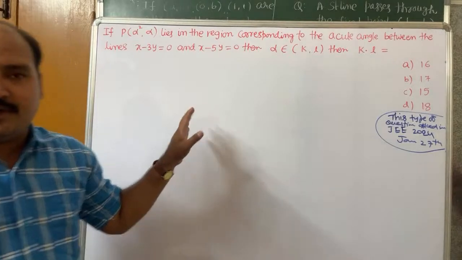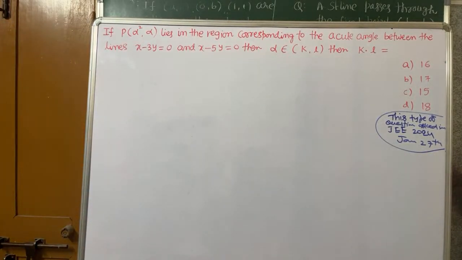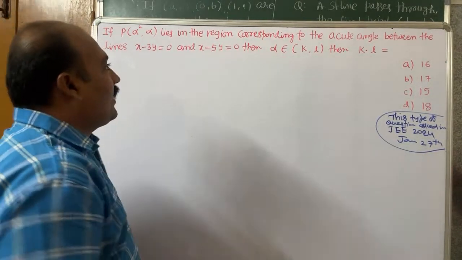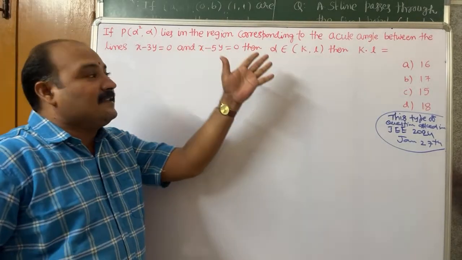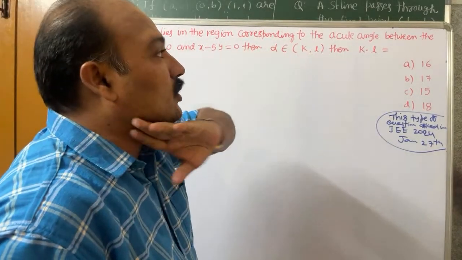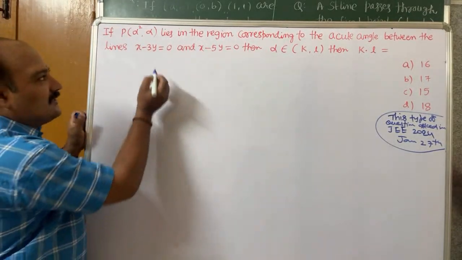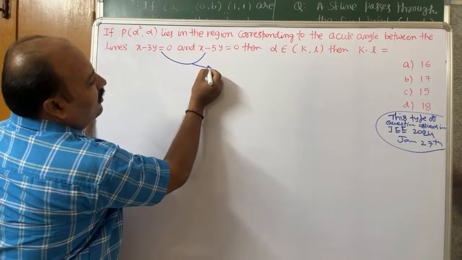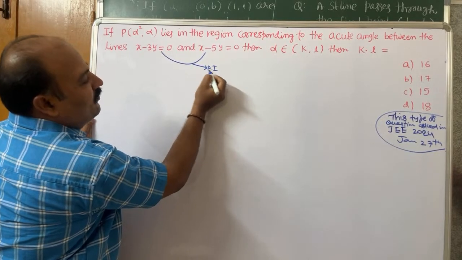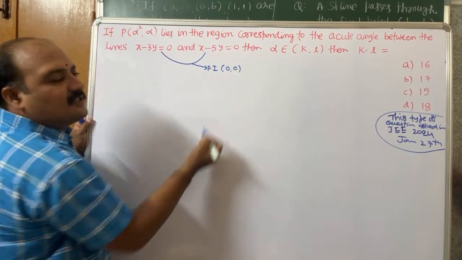Here the question is, if P of alpha square comma alpha lies in the region corresponding to the acute angle between the lines. If you observe these lines, the point of intersection is clearly the origin. Why?